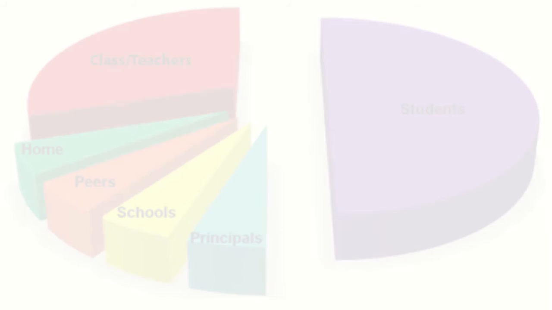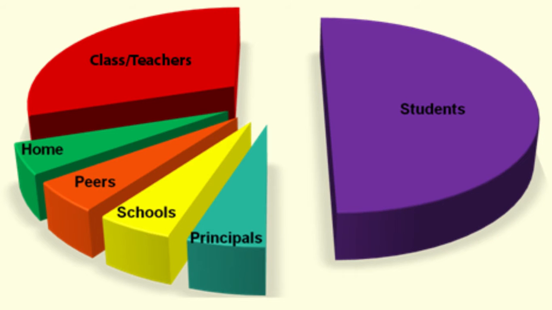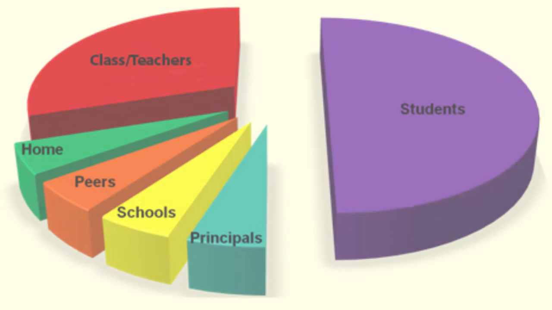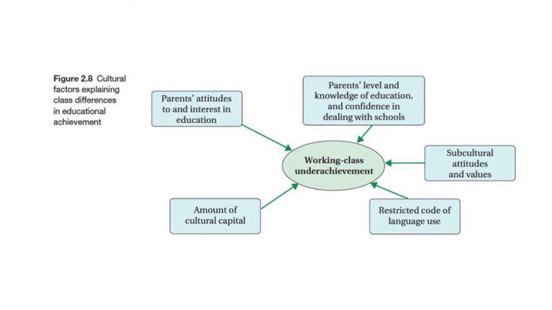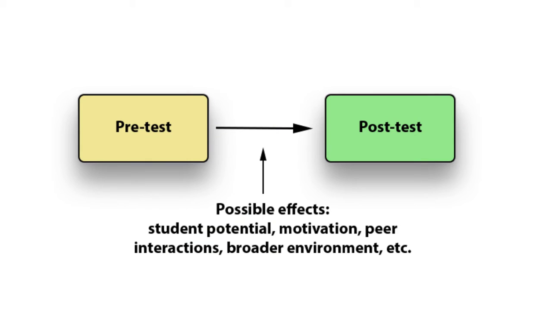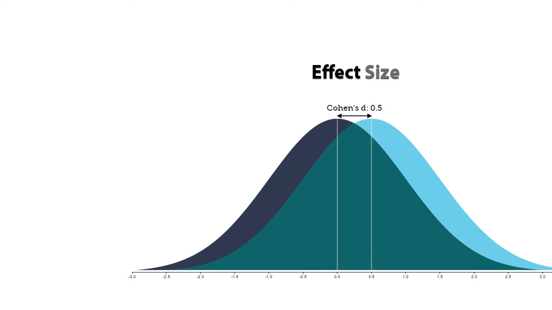The reason that a change in scores cannot be attributed to a specific cause is that many factors influence students' progress. Some examples are student potential, motivation, peer interactions, the broader school environment, parental engagement, private tutoring, resources, and so forth. When we use the term effect size, we need to ask what causes the effect.